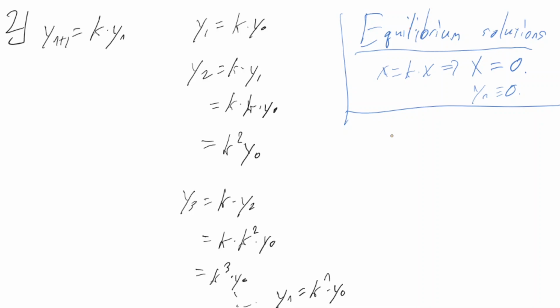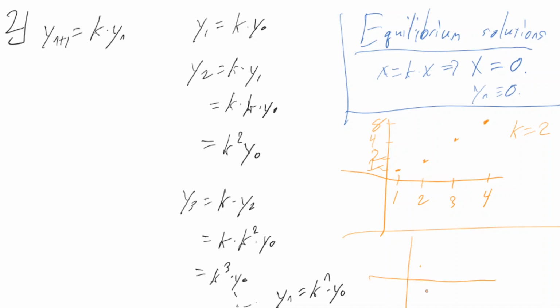Now if we were to graph what the solution looks like, if k is positive, it'll look like 2 to the n or like some exponential. So it's increasing by some constant factor each time. If k is negative, then it's going to alternate between positive and negative values.